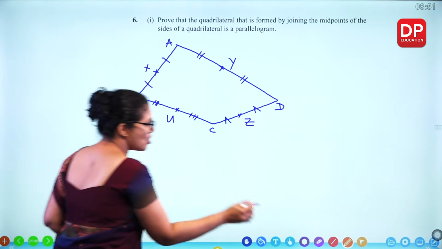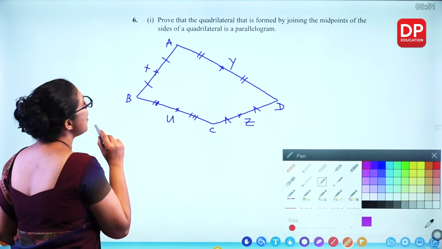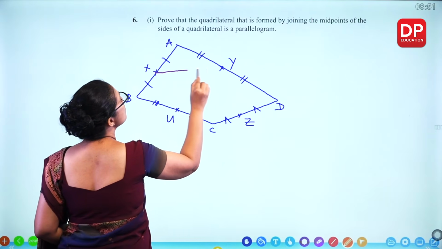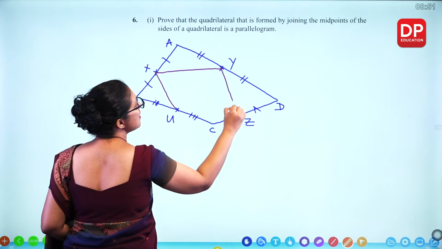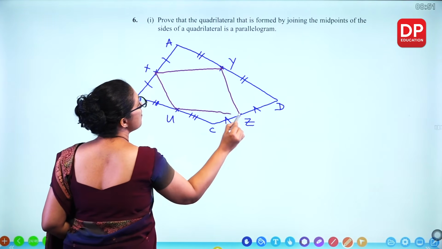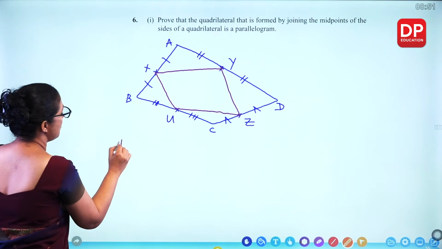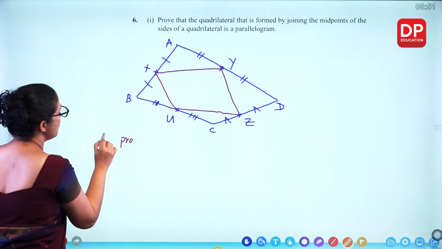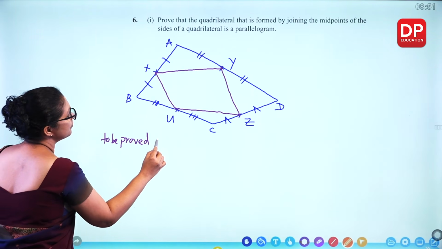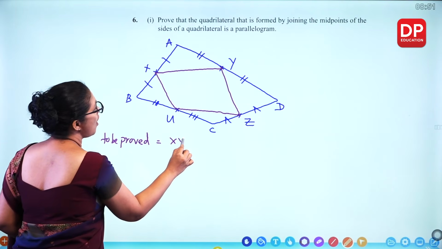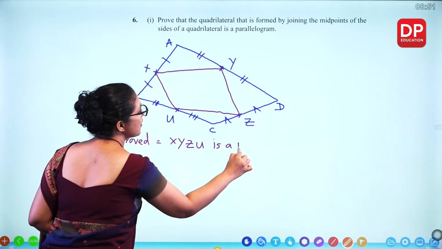And they're asking, show that the line joining the midpoints is a parallelogram. So X, Y, Z, U is a parallelogram. So you have to show that. To be proved: XYZU is a parallelogram.